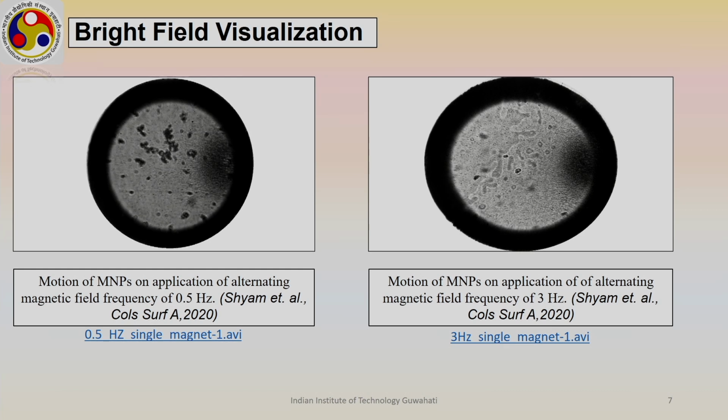During the time over which the magnet is in on mode, the particles will be attracted towards the magnet and deposited at the droplet periphery, and during the off mode of the magnetic field actuation, the particles deposited during the on cycle will try to disperse. We will be discussing this, and these two different movies are shown.